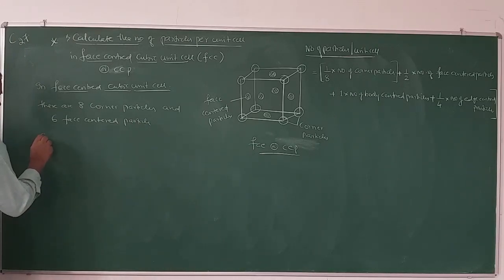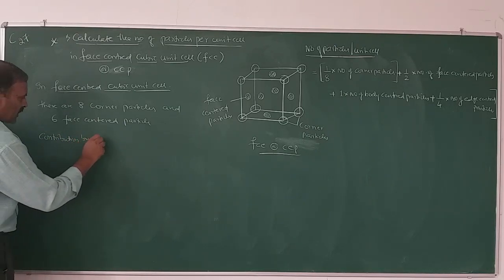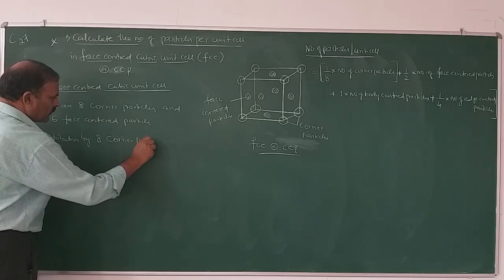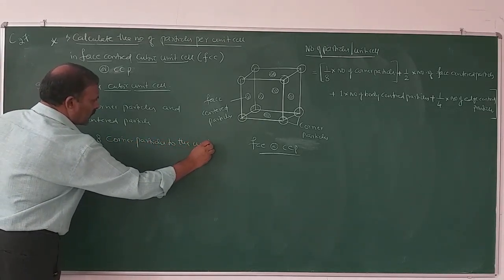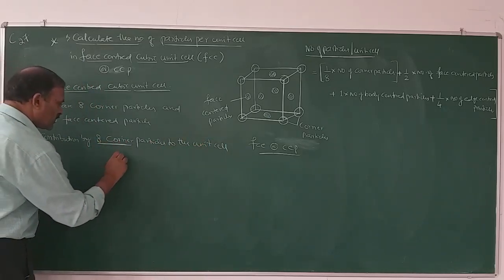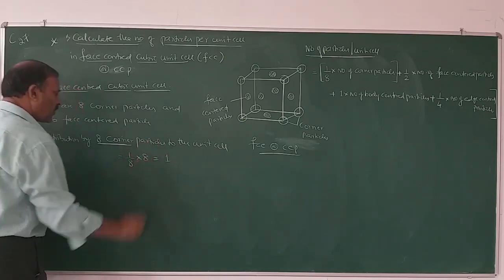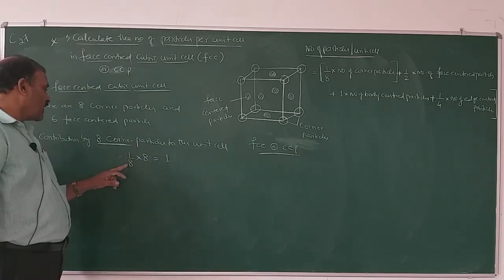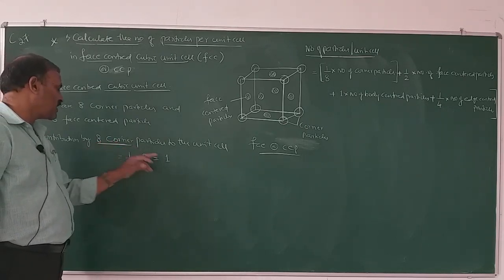Next, contribution by 8 corner particles to the unit cell. Contribution by 1 corner particle is equal to 1 by 8. Contribution by 8 corner particles equals 1 by 8 into 8, that is equals 1.